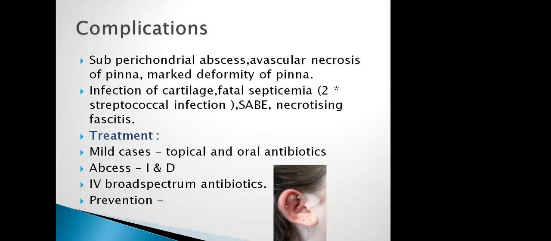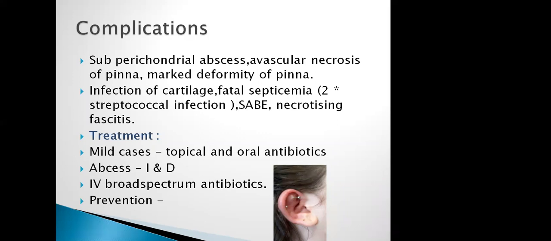If the head of the earring is visible, you can catch hold of the tip of the front portion of the ear stud with an artery forceps and lock it, then remove the back portion from behind. Then remove the pus, apply a tight bandage, give a mustard bandage, and give a strong course of antibiotics. If a fluctuant abscess is present, incision and drainage will be required, and broad spectrum antibiotics like ceftazidime, gentamicin, or piperacillin may be needed. For that, patients need to be referred to a higher center.